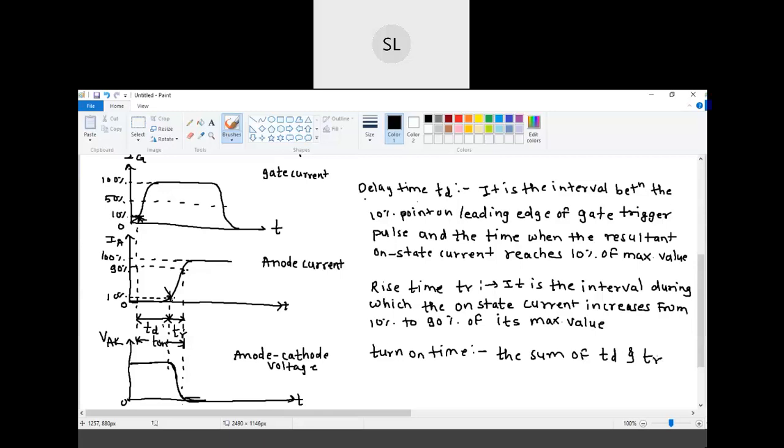So during delay time, current flows only in the narrow region near the gate terminal. So the anode current is negligibly small, and we can say that the thyristor is in the forward blocking mode but about to conduct. Okay, and during the rise time, what happens? The anode current increases at a rapid rate. Okay.